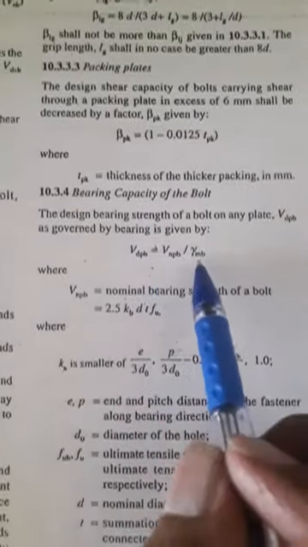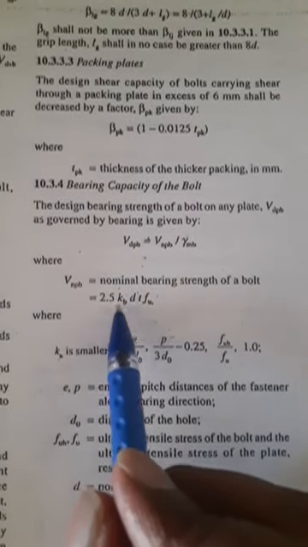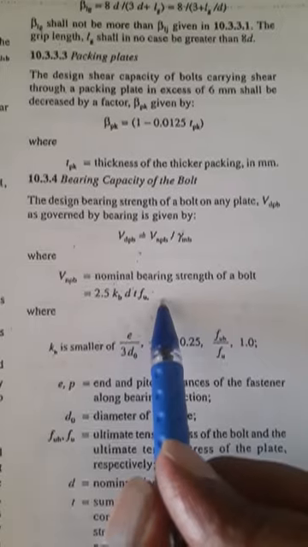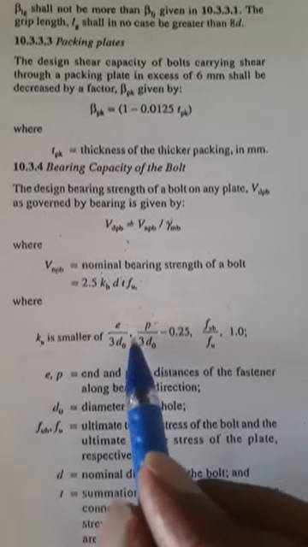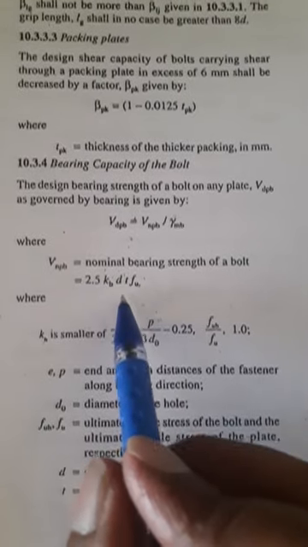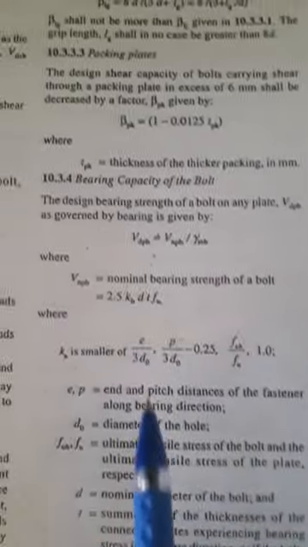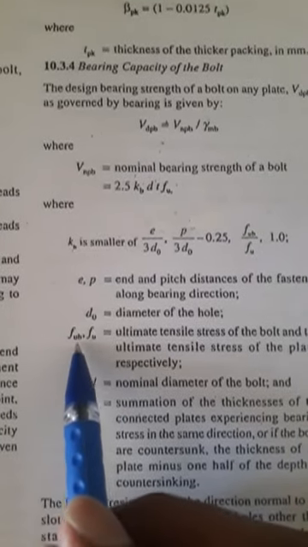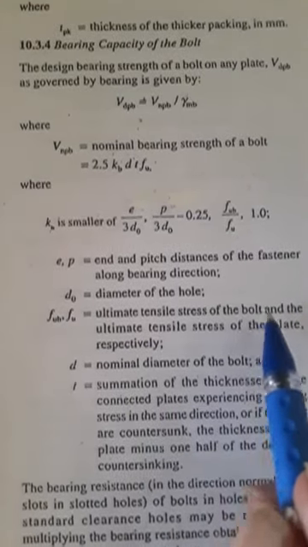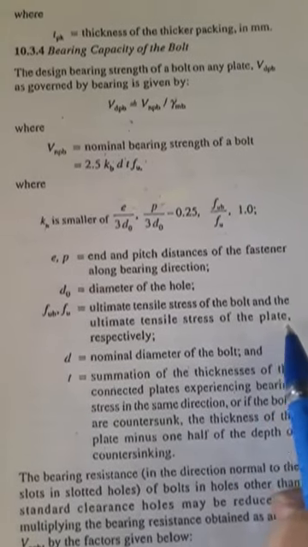Here, VNPB, nominal strength, is given by 2.5 kb d t into Fu, where kb is the least of these values. And remember here, what is d? d is diameter of bolt, t is thickness of the plate, FUB is ultimate tensile strength of bolt, Fu is ultimate tensile stress of plate.